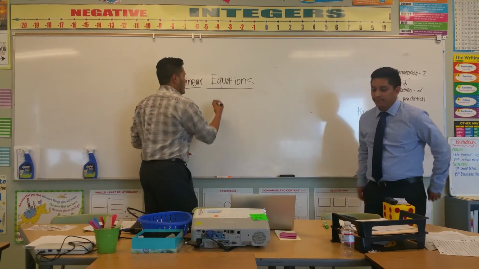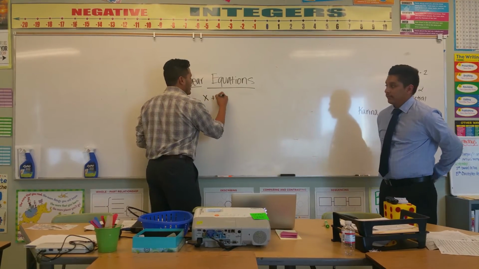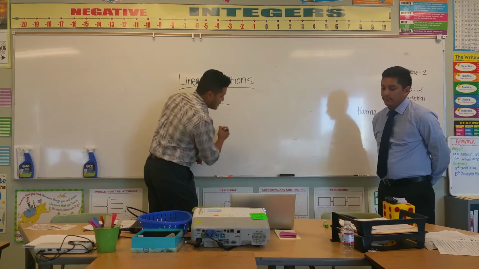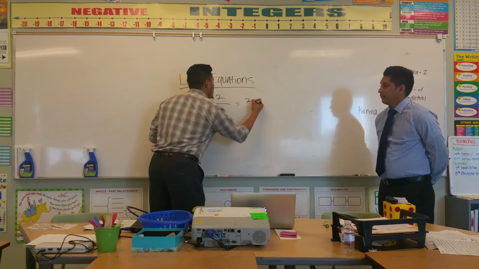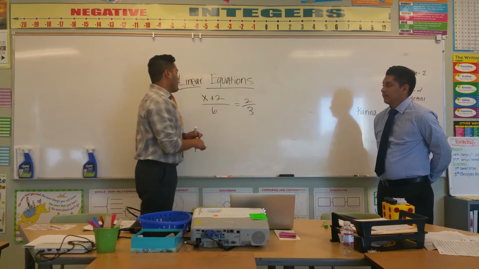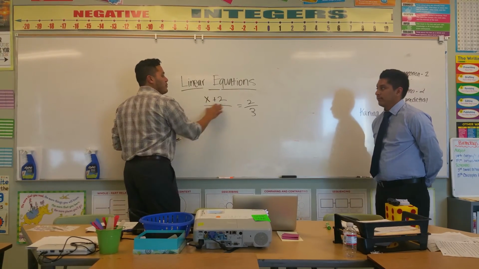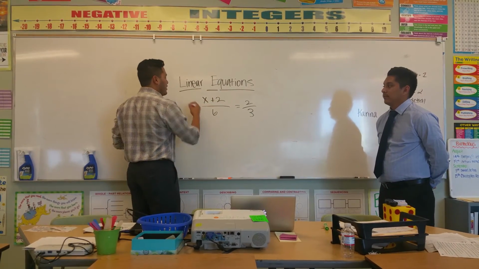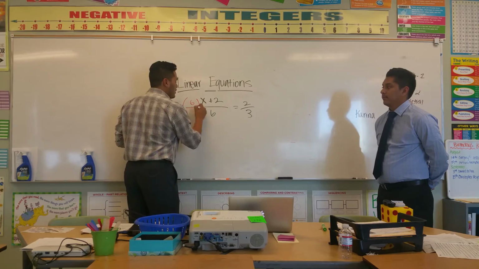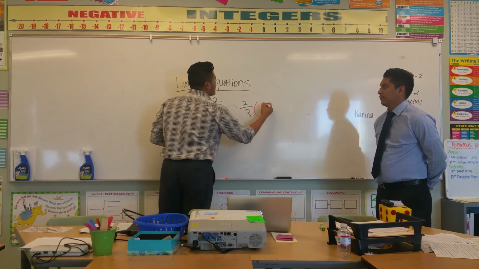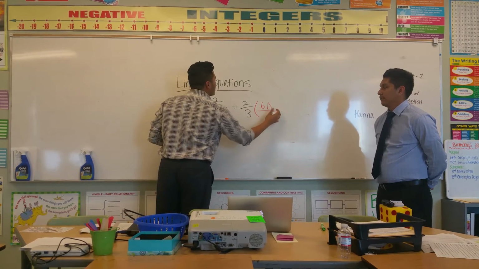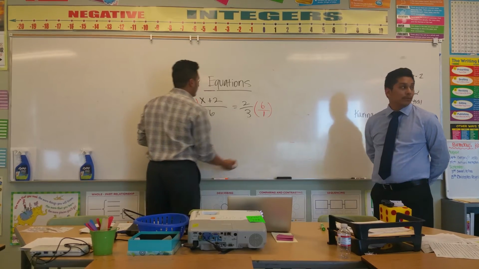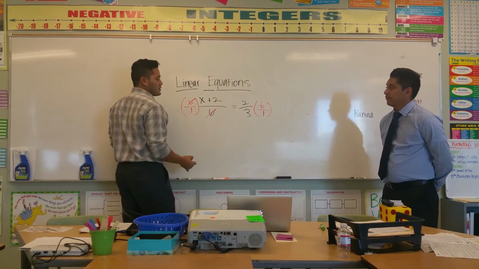I guess this one is a little bit more tricky because it deals with fractions. We have x plus 2 over 6 is equal to 2 thirds. Alright, our first step is to get this x all by itself. So we're going to multiply by 6 over 1 on both sides to get rid of the 6.